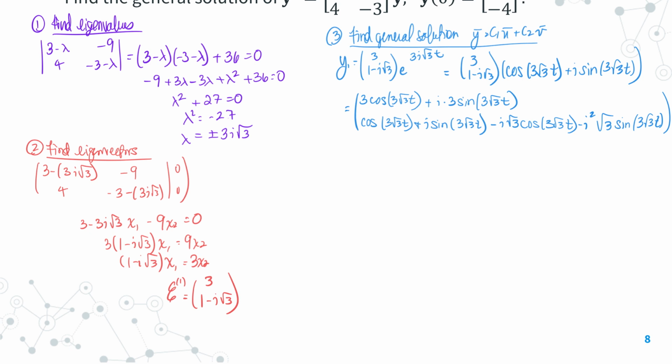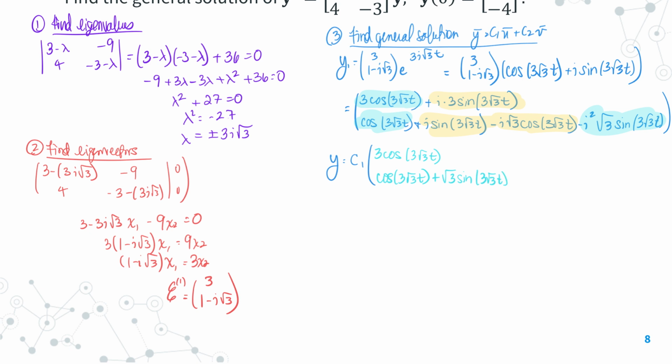And so when we start putting this together with the complex and our real parts, then we find out that our general solution here is c1, real parts, so 3 cosine of 3 root 3t on the first row. This is a matrix. In the second row, we'll have a cosine of 3 root 3t, and then minus an i squared is going to be minus a negative 1, so plus a root 3 sine of 3 root 3t.